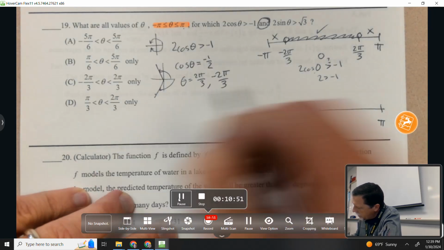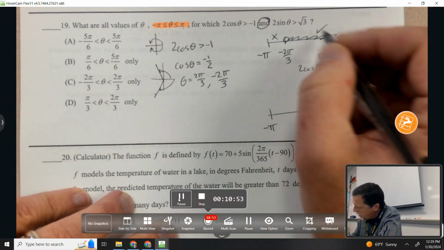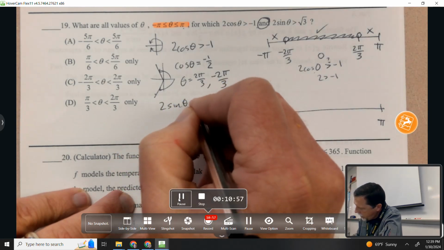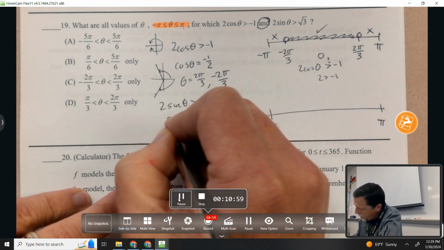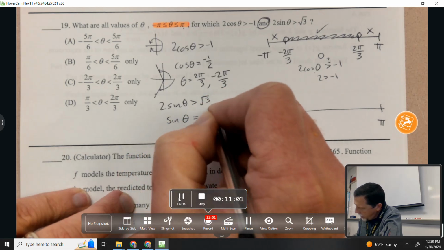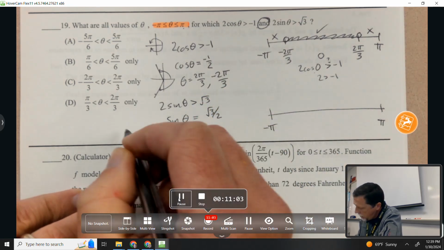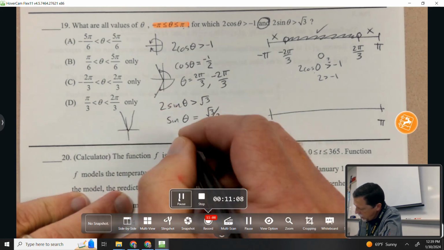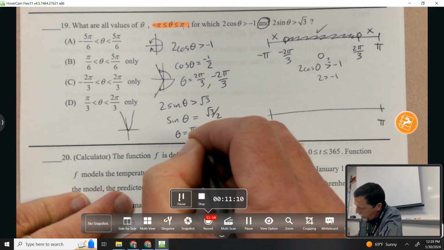Alright, now let's do the sine piece, and we'll look for the overlapping shades. So 2 sine theta greater than root 3. Sine theta equals root 3 over 2. That would be at pi over 3 and 2 pi over 3.